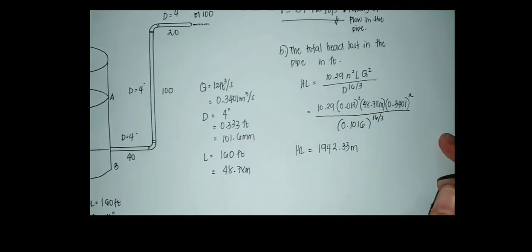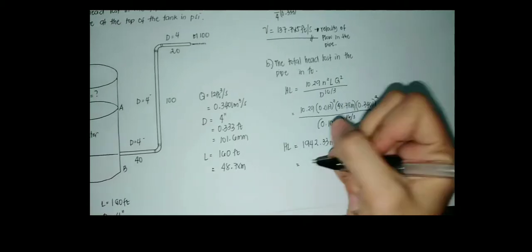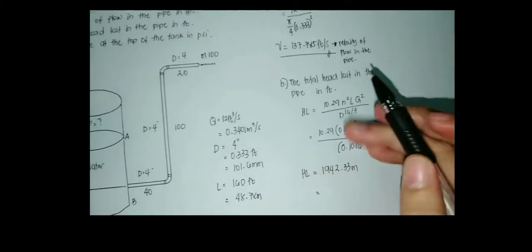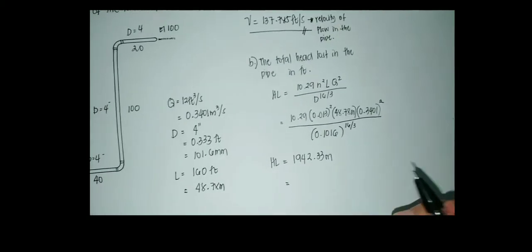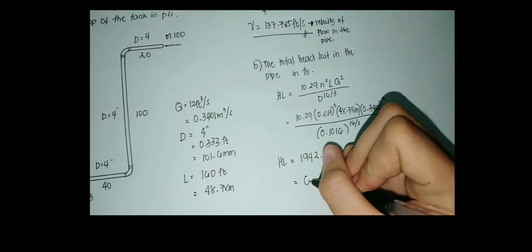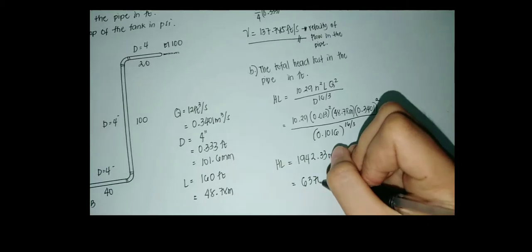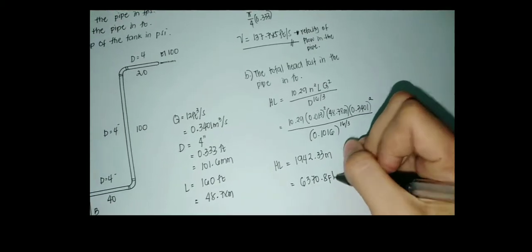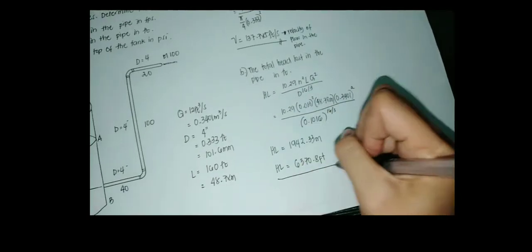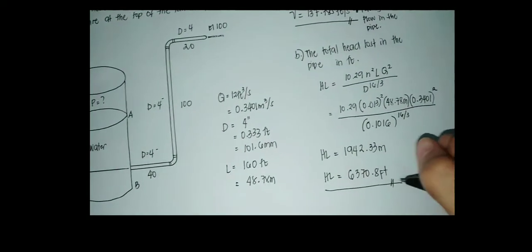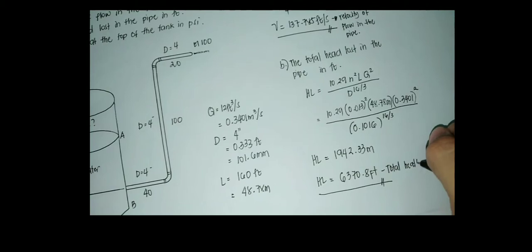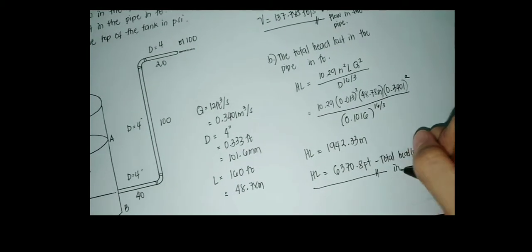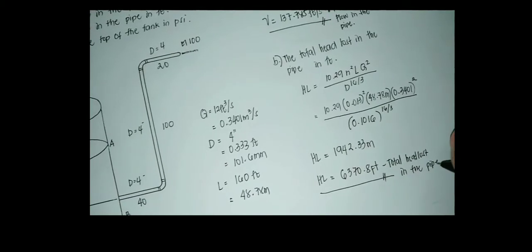Then after that, we convert it into feet, since the problem asks for the total head loss in the pipe in feet. When we convert it, we get 6370.86 feet as the value of our head loss. So this is the total head loss in the pipe.